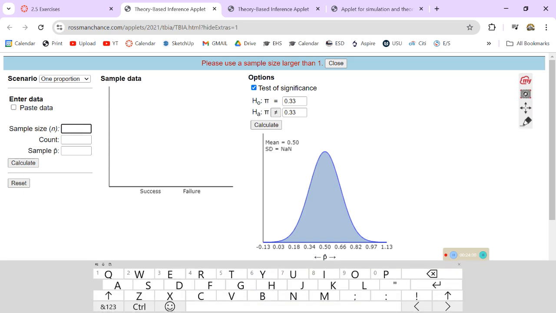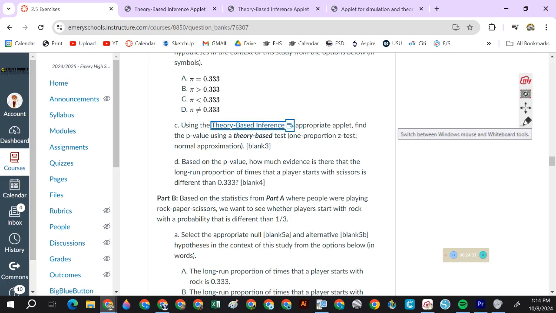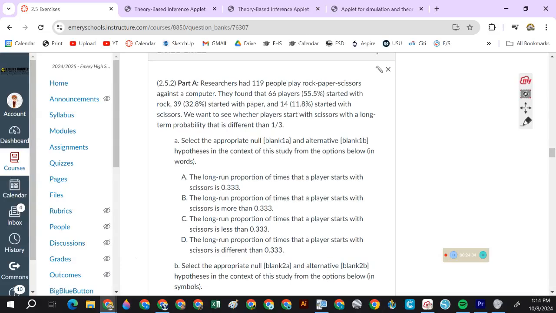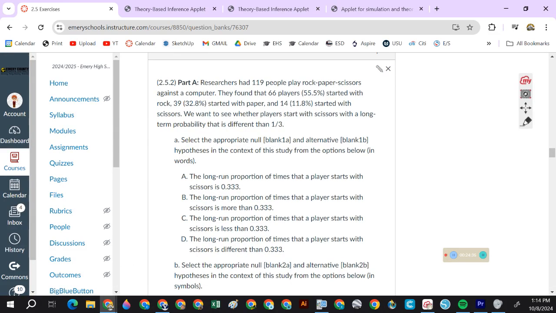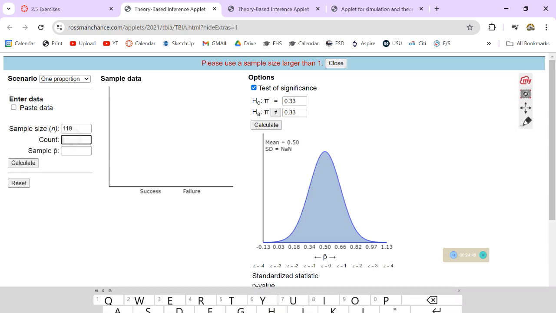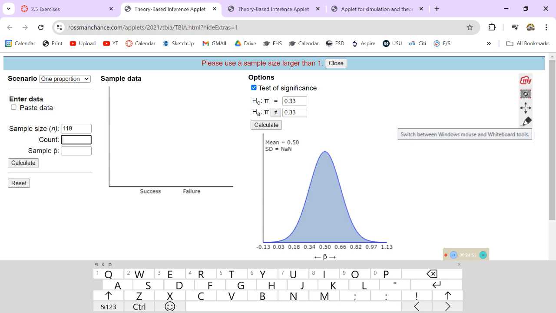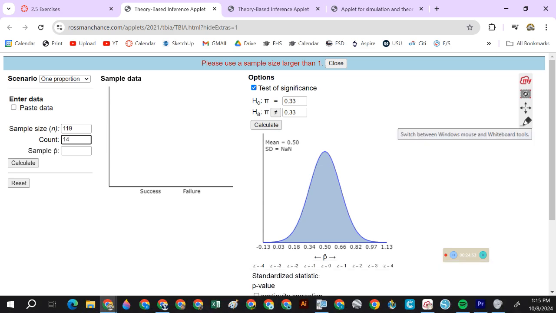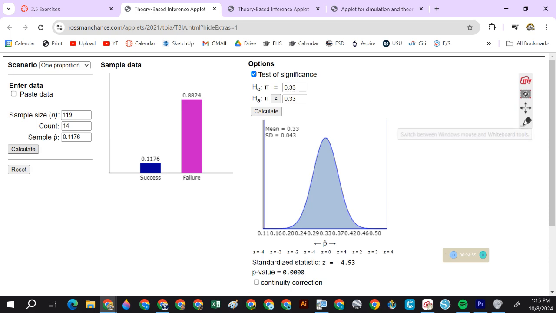Our sample size is 119, and we ended up with 14 scissors. So we played 119 games, and we ended up with 14 scissors. That gives us a p-hat of 0.1176.